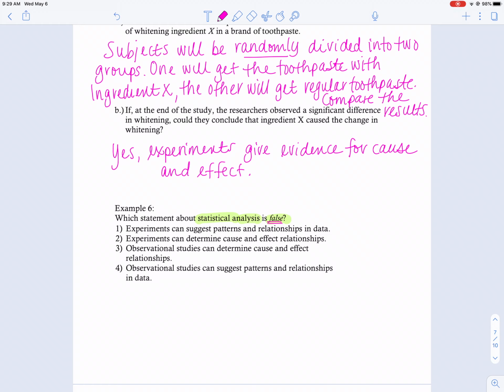Observational studies can determine cause and effect. Can observational studies determine cause and effect relationships? No. This has got to be it, because these two are definitely yes and yes. Observational studies can suggest patterns and relationships in data. Yes, they can, but they cannot determine cause and effect.